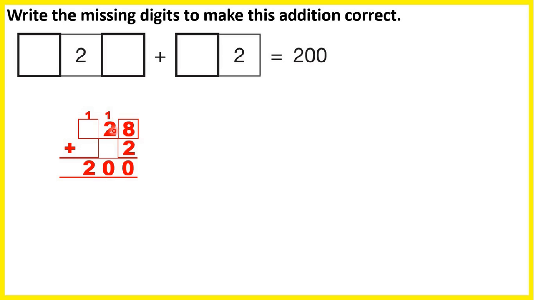So 1 plus 2 is 3, and 3 plus 7 is 10, because 10 minus 3 is 7. And then onto our hundreds, we have 1 plus something is 2, so this missing digit here must be a 1. So that means we have 128 plus 72.